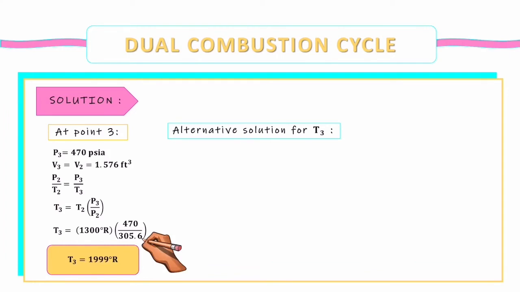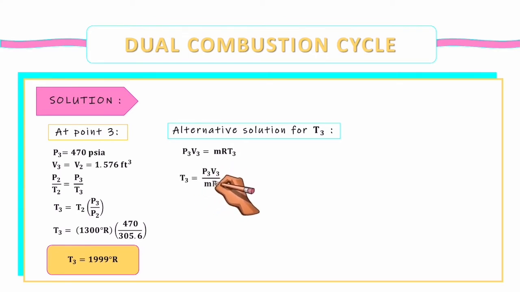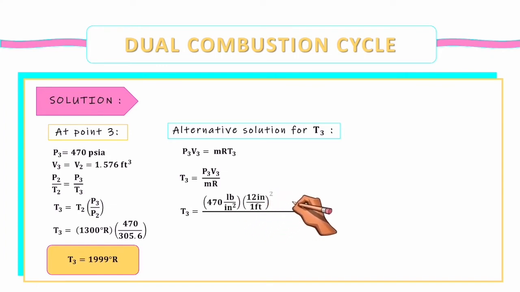Take note that there are alternative formulas to use. In this case, we can also use PV equals MRT to solve for the temperature at point 3. So, T3 is equal to P3V3 over MR. Substituting the given values, T3 is equal to 470 pounds per square inch multiplied by 12 inches per foot raised to 2, multiplied by 1.576 cubic feet, over 1 pound multiplied by 53.34 foot-pound per pound-Rankine.